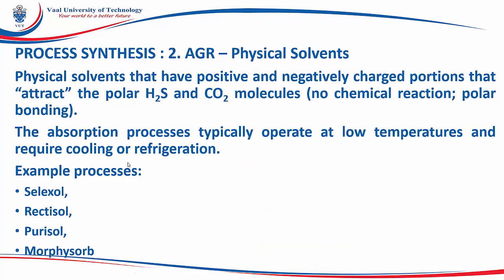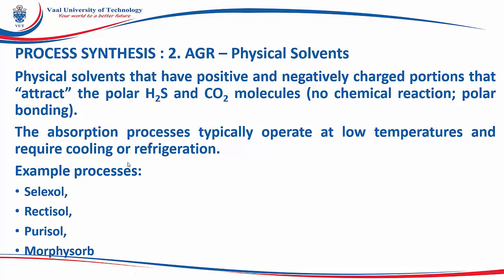The second class of AGR uses physical solvents. The physical solvents usually have positively and negatively charged portions that attract the polar acid gases, which are H2S and CO2. The absorption process typically operates at low temperatures and may require refrigeration.